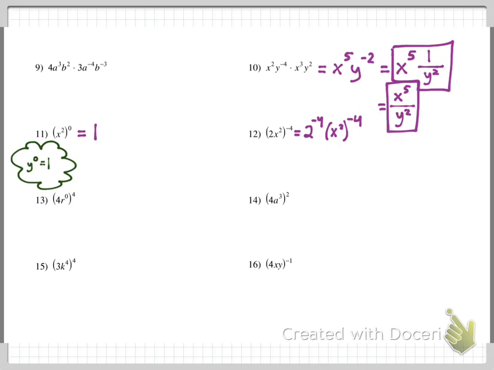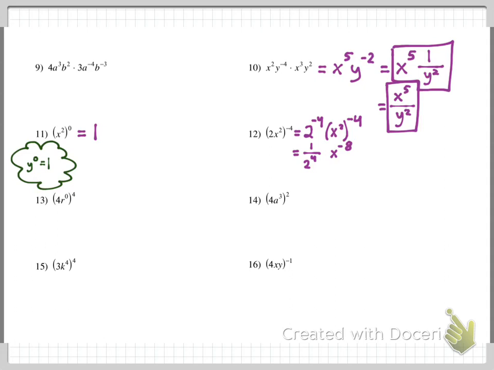All right, over here, I want to show you that whenever you raise something inside parentheses to a power, you need to raise each of those things to that power. This only works when everything is multiplication. So we have 2 times x squared. You can't have any addition or subtraction. If everything inside the parentheses is being multiplied together, like this is the 2 and the x squared, then you can raise each of those to the power. 2 to the negative 4th becomes 1 over 2 to the 4th, while x squared to the negative 4th, when you have a power to a power, you multiply the exponents.